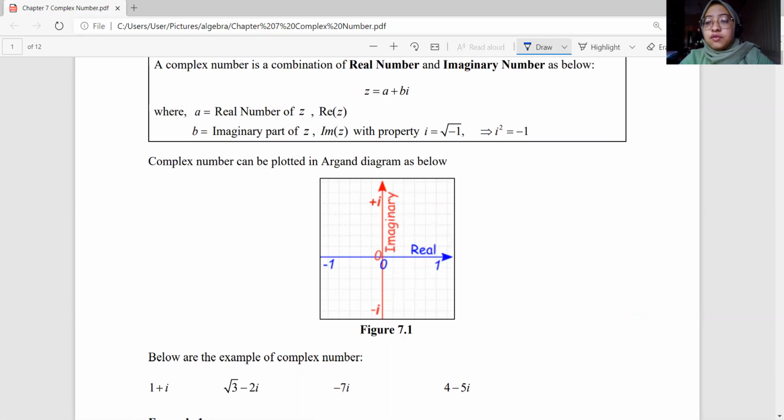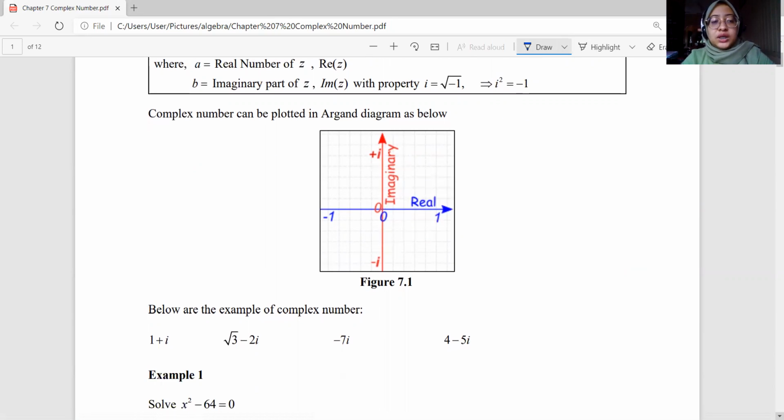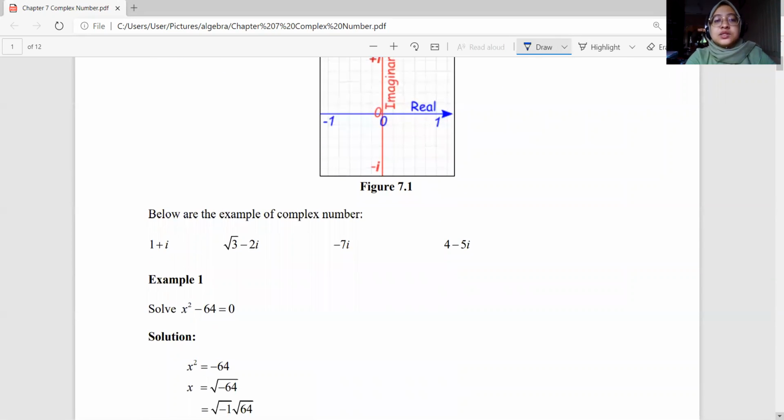Below are examples of complex numbers: 1 plus I, square root of 3 minus 2I, -7I, and 4 minus 5I. Each has a real part and an imaginary part, and that is why we call it a complex number.